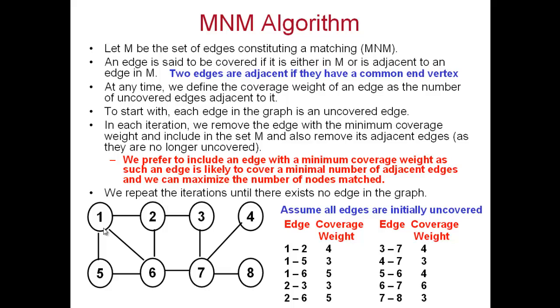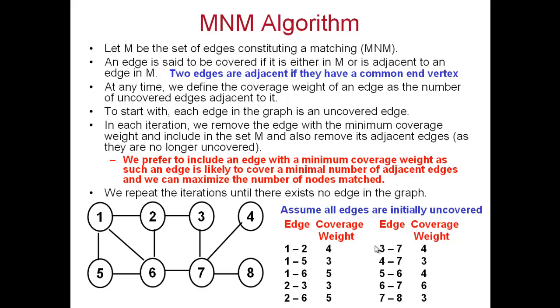So we are going to find the number of adjacent edges for each edge in the graph, call it the coverage weight, and then among those edges we have to pick one edge to be included in our set and then keep going from there. So which of these, what you call like 10 edges here, we should pick? That's what we need to decide now.